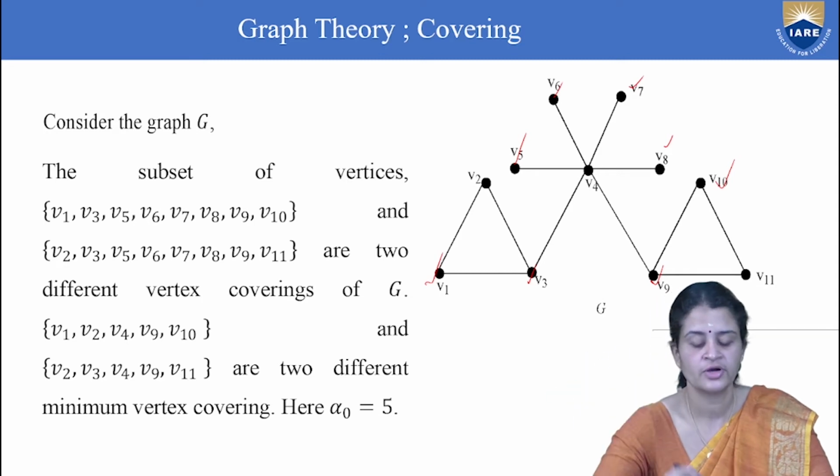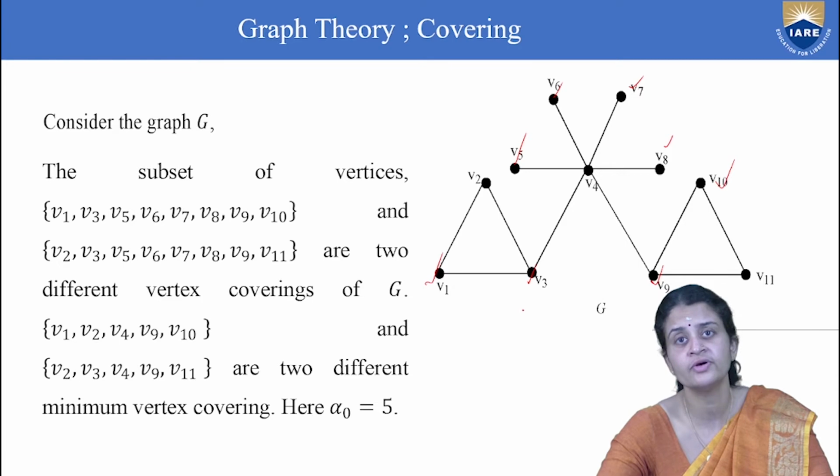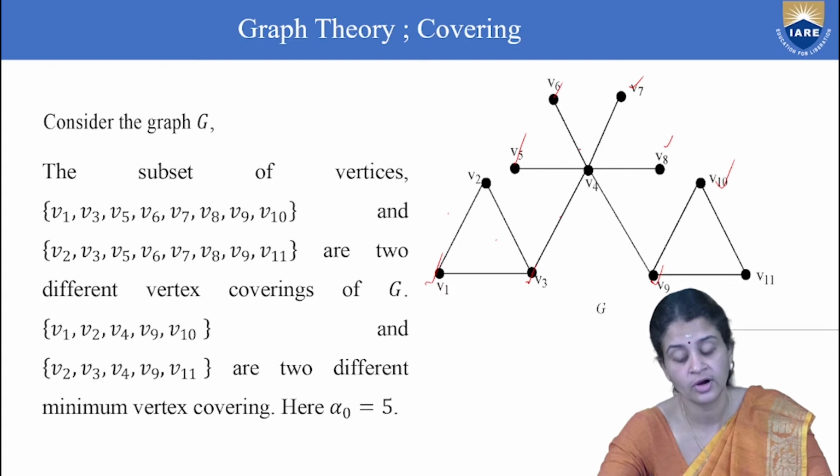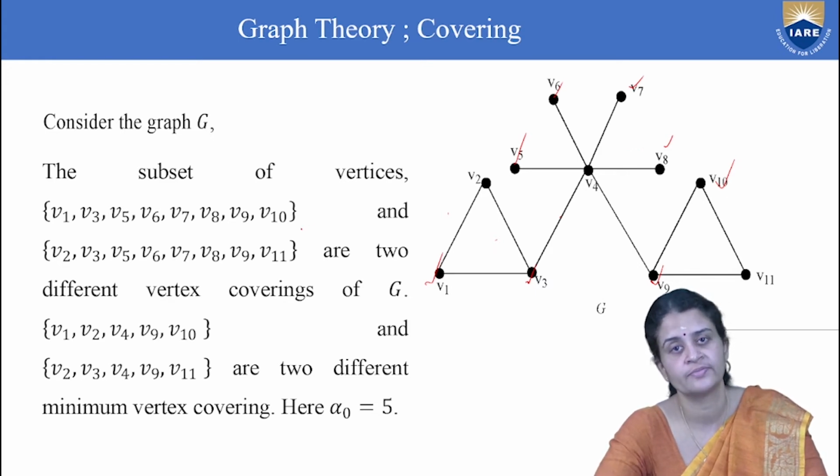V1 and V3 cover this portion, and from here this edge is incident with V3 also, and with V5, V6, all these vertices. All these edges are being covered, so it is a vertex covering.